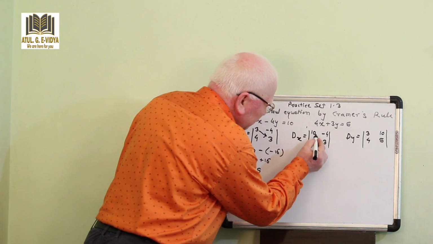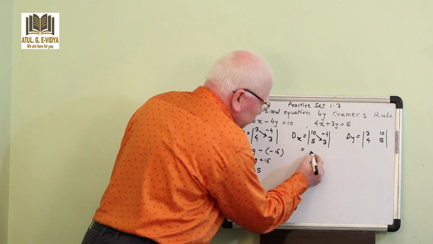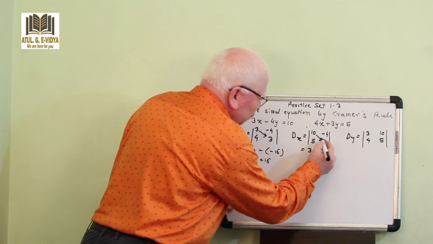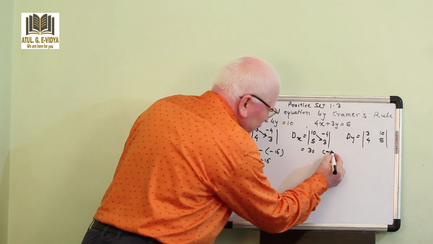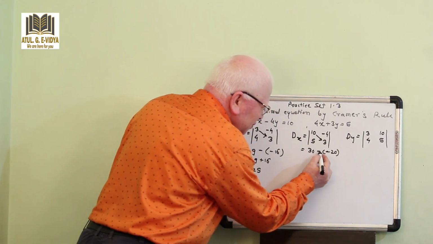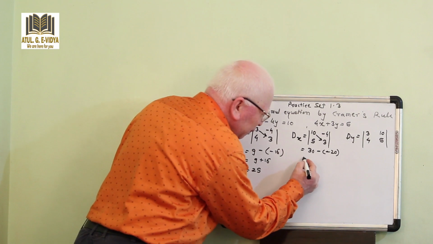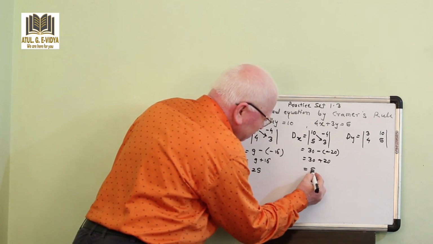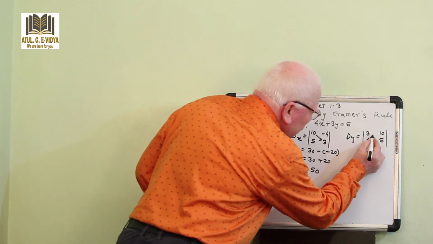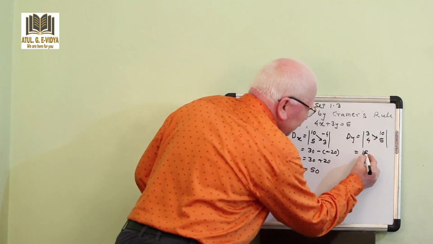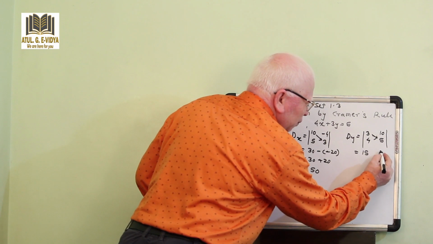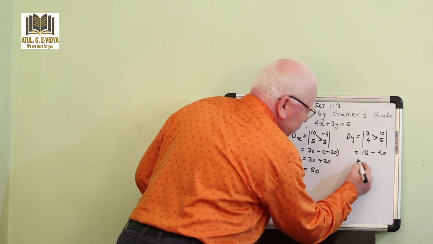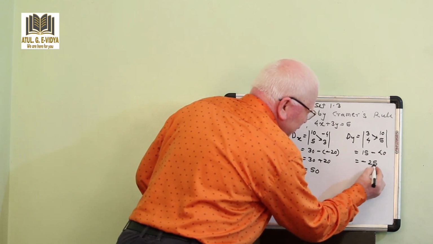For Dx, 10 into 3, 30, 5 into -4, and such minus sign from our rule. 30 plus 20 is 50. For Dy, 3 into 5, 15, 10 into 4, 40, that is -25.